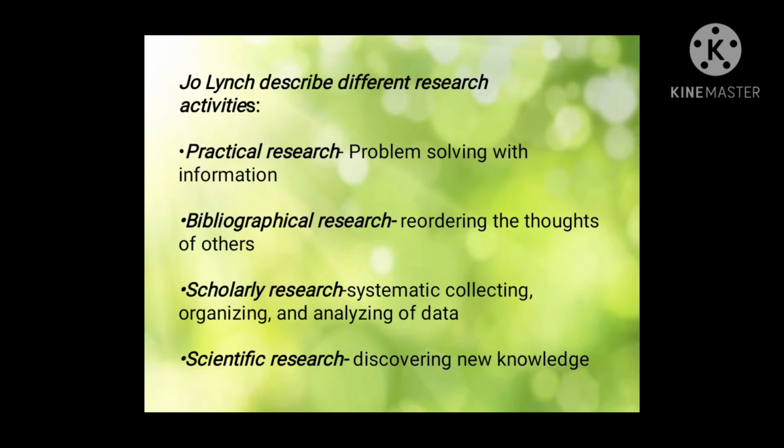Practical research focuses on problem solving with information, bibliographical research is reordering the thoughts of others, and scholarly research is the systematic collecting, organizing, and analyzing of data. And lastly, scientific research focuses on discovering new knowledge.